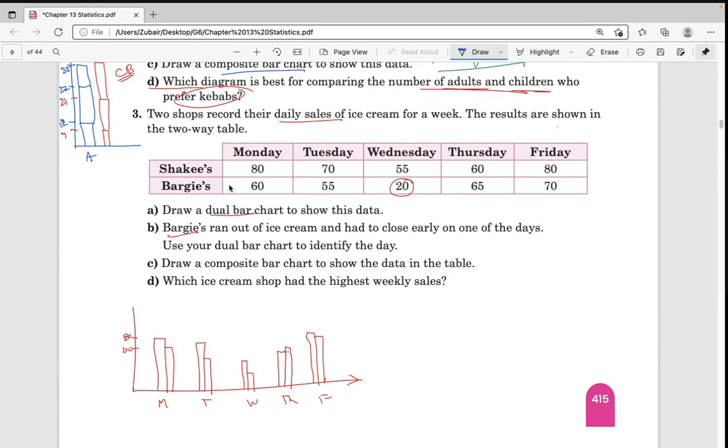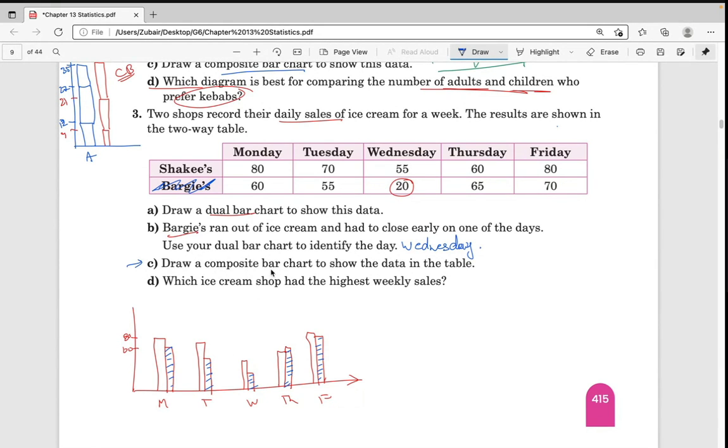To differentiate, we are taking the first shop as blue. Use your dual bar chart to identify the day. So it is Wednesday, because that is the shortest height, showing least sales.